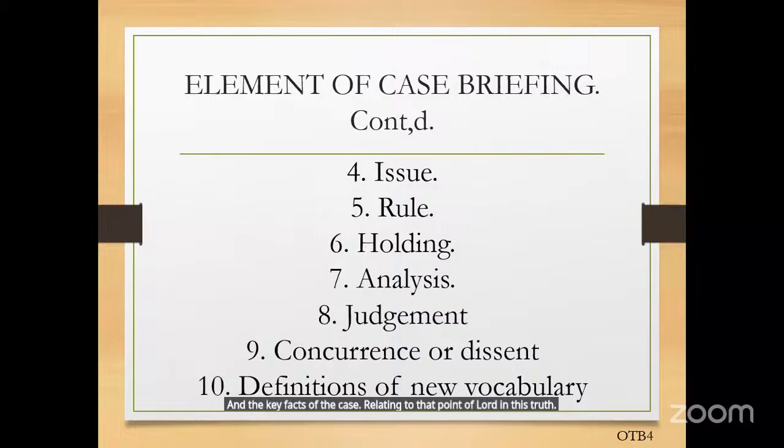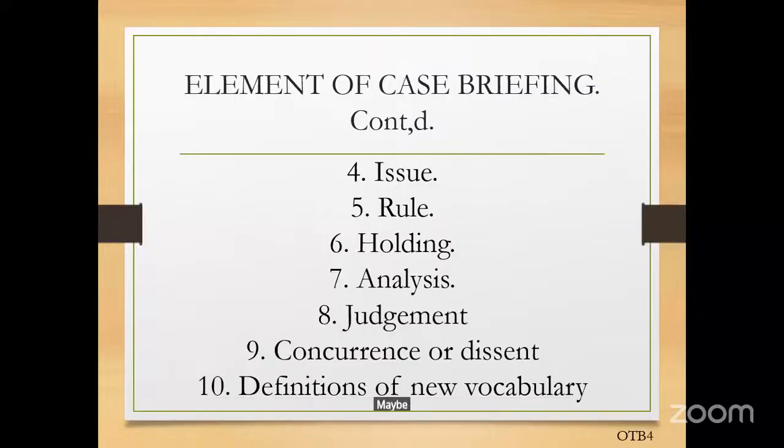That's one part. The second one is the procedural issue. Question then is, what is the party appealing claiming that the lower court did wrong? Maybe the lower court did not follow the right procedure. It's also an issue.